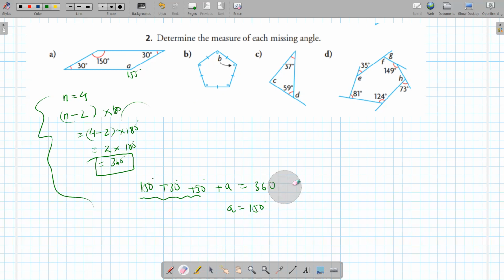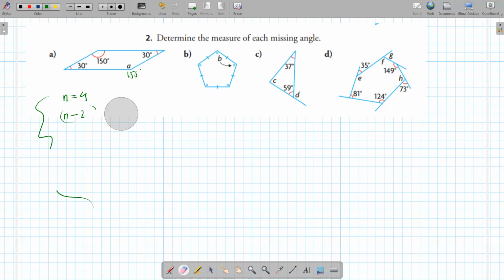Cool? Okay. Let's look at B. That looks like a pentagon. For B, n is equal to 5. They want the measure of each angle on the inside. Any ideas?